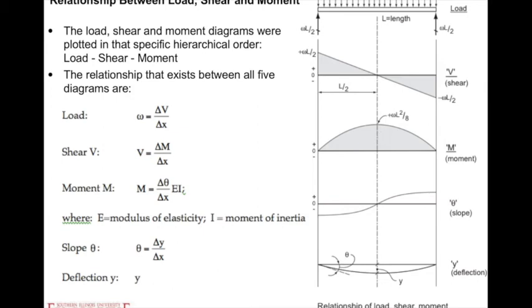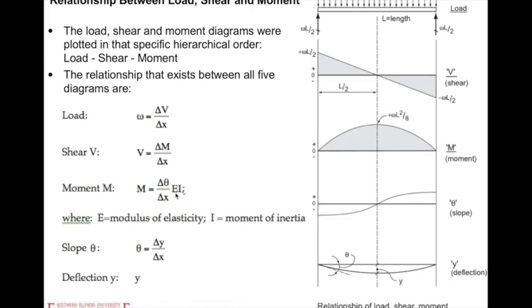The slope of the moment diagram is equal to V. That means V is equal to the first derivative, the changing rate of the slope, of the moment diagram. And similarly, the moment is equal to the first derivative of the slope, theta, times some coefficient EI.